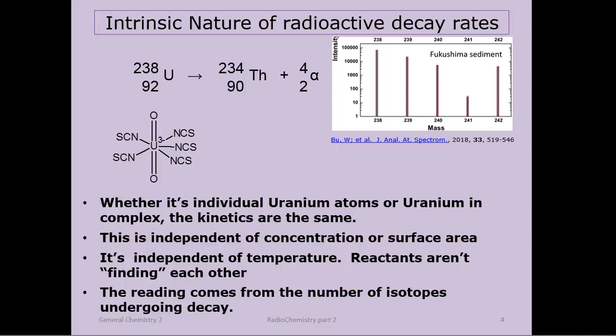Basically, the kinetics has to do with the number of isotopes that are undergoing decay. And this is the intrinsic nature of radioactive decay. So it's very nice because you don't have to figure in many factors. Your rate constant is very fixed for a given particle undergoing a certain type of decay.